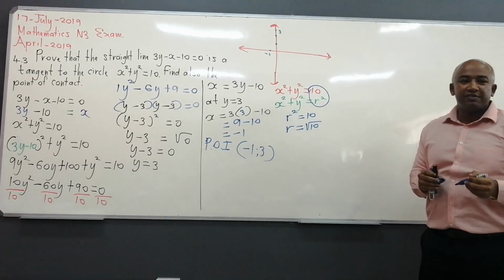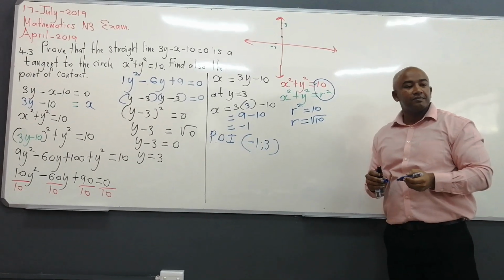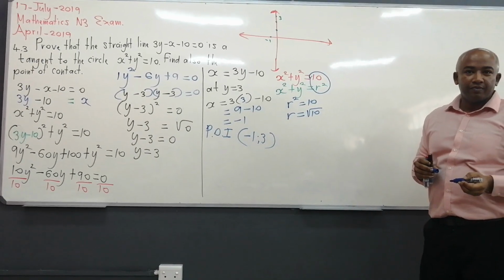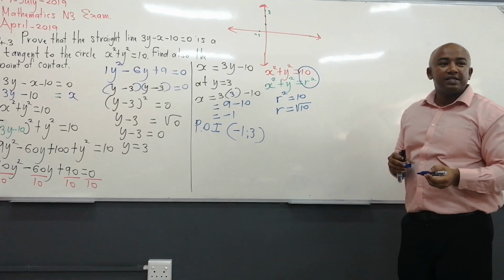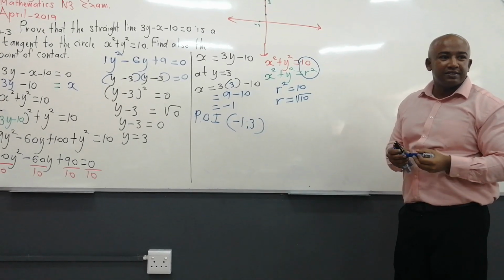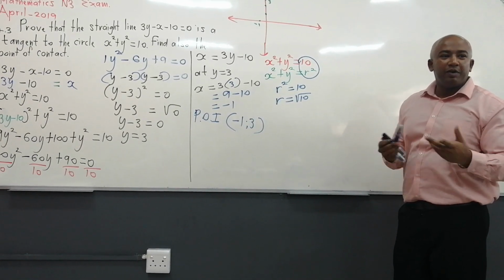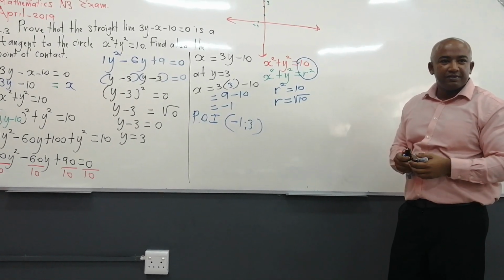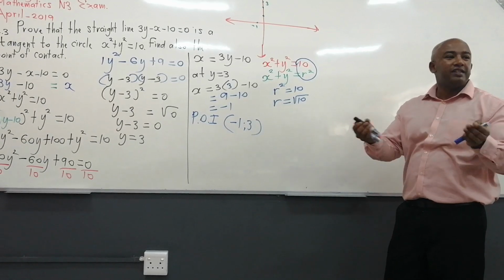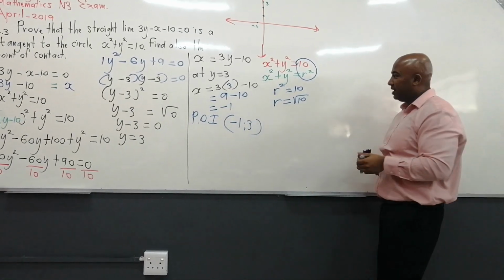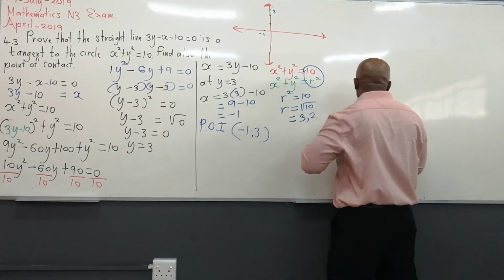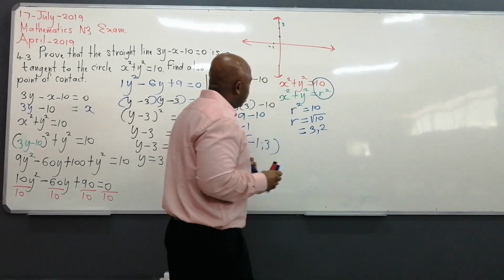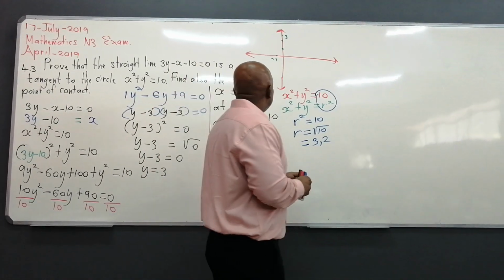What is the square root of 10 there? 3.16. So let's just say 3.2. So your r is equal to 3.2.